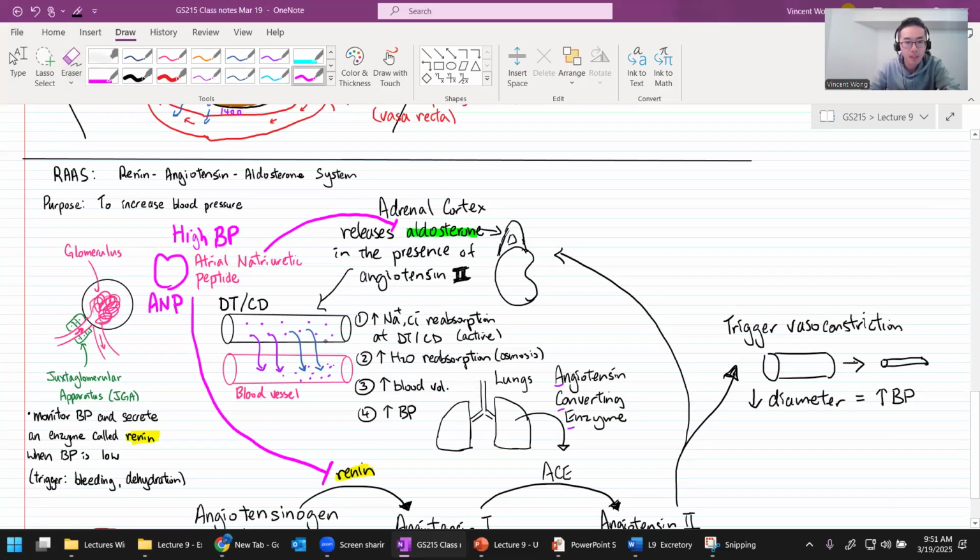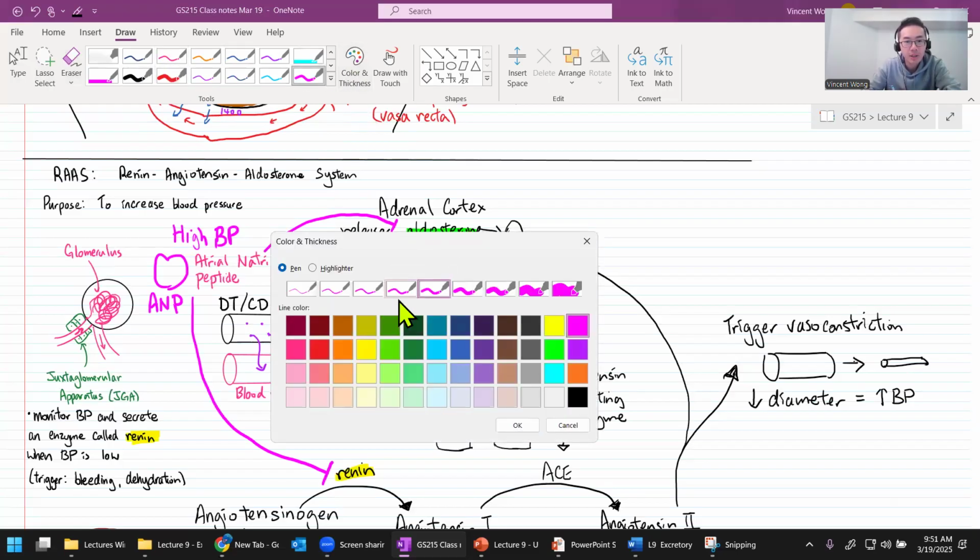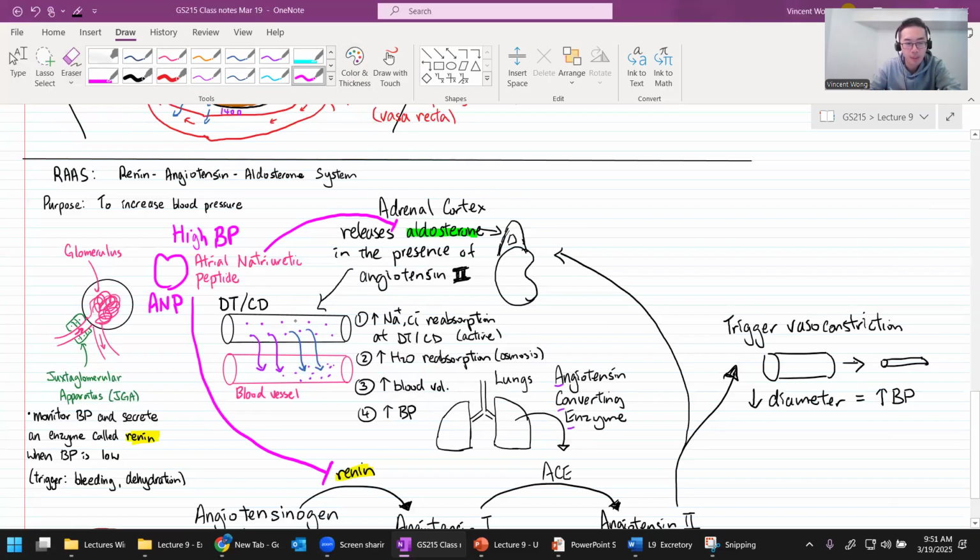Now, more importantly, it is also going to go to the distal tubule and collecting duct, but this time it is going to be completely opposite of what happens here. I'm so sorry. I'm running out of space here, but I'll put it over here. Okay, it will go to the distal tubule and the collecting duct, and it's gonna do the exact opposite.